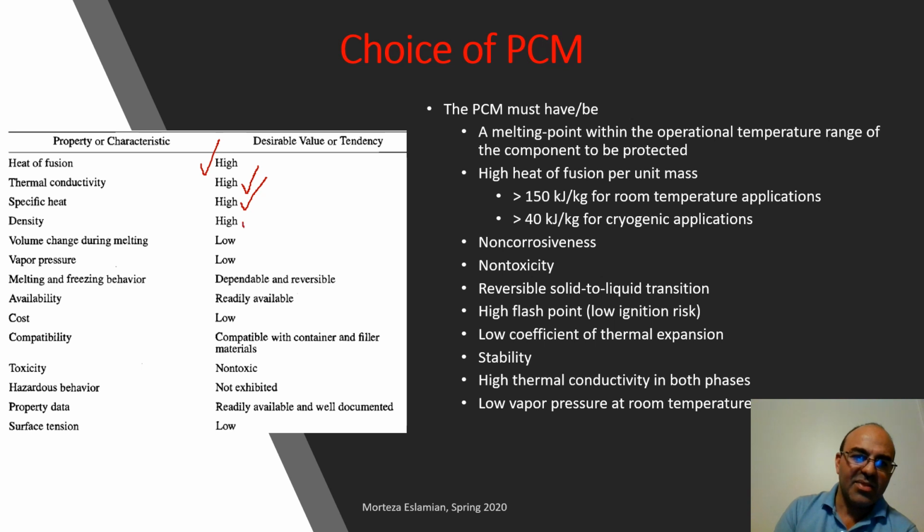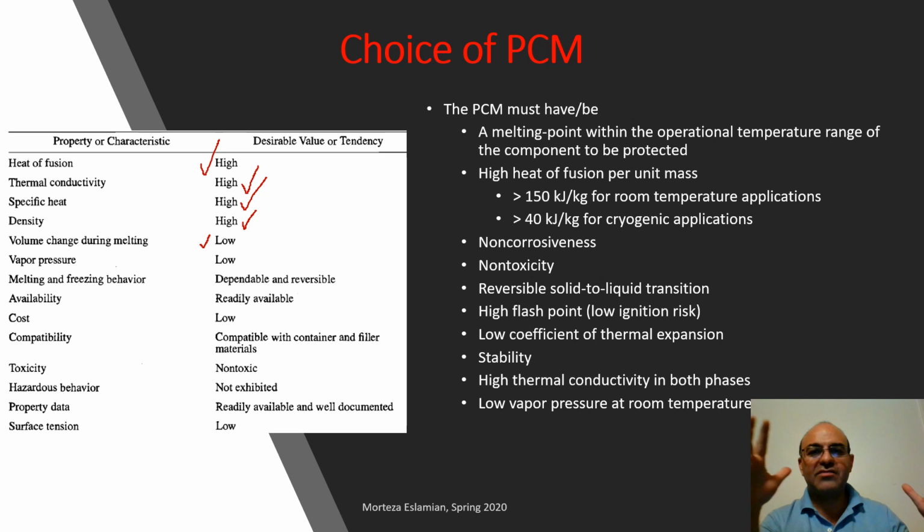Density should be high, and the volume change during melting should be low, because you don't want your phase change material to undergo a very large volume change.